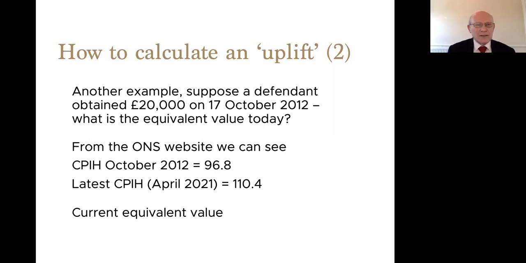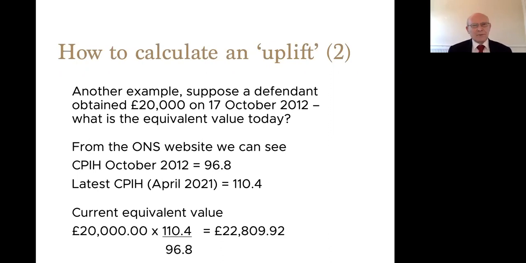And so we can do the calculation. We take the £20,000 that we're looking at, we multiply it by the latest CPIH, 110.4, we divide it by the CPIH from the time that we are looking at, which is October 2012, which was 96.8, and we come to a figure of £22,809 and some pence.